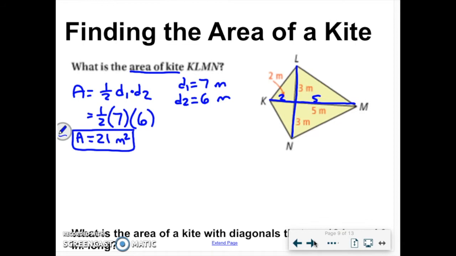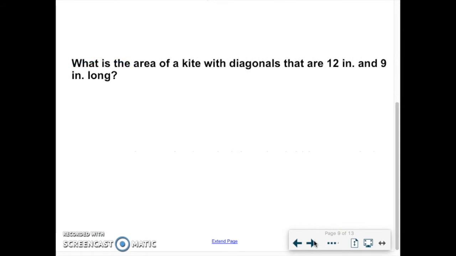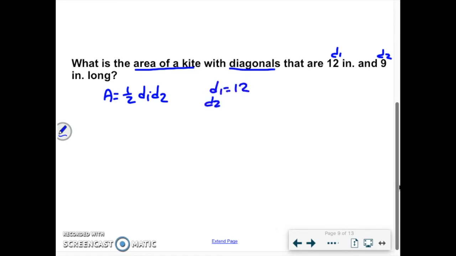Moving on here, same thing with no picture. What is the area of a kite with diagonals that are 12 and 9 inches long? Well, they gave us D1 and D2. They told us that they are the diagonals, so we don't have to do any adding of any diagonals together. So I know my formula. I'm looking for area of a kite, so 1/2 D1 D2. And I know that diagonal 1 is 12, and I know that diagonal 2 is 9.